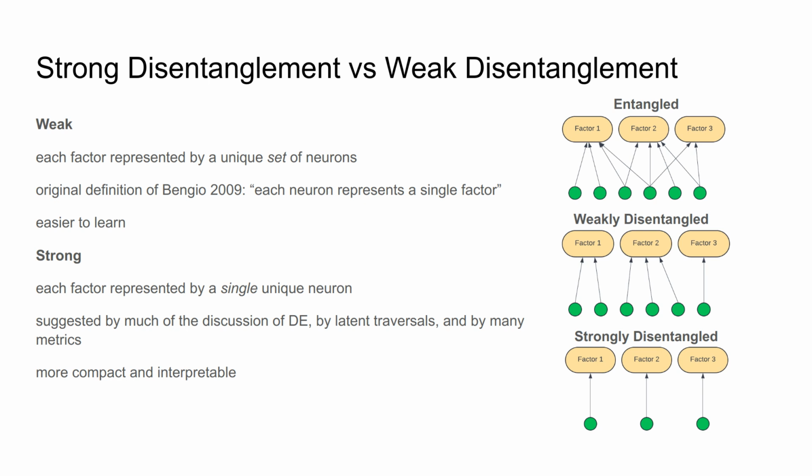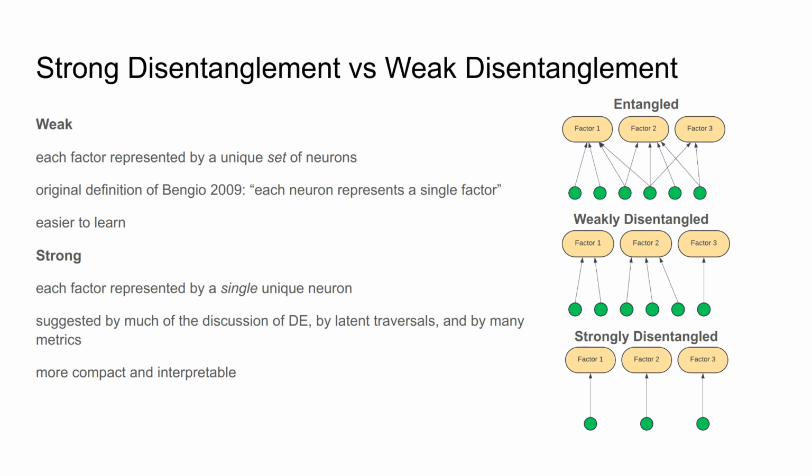The weak one, as you might guess, is easier to learn because the representation power of a set of neurons is much stronger and it can learn complex factors more easily. But the advantages to strong disentanglement are more obvious compared to, for example, an entangled representation.